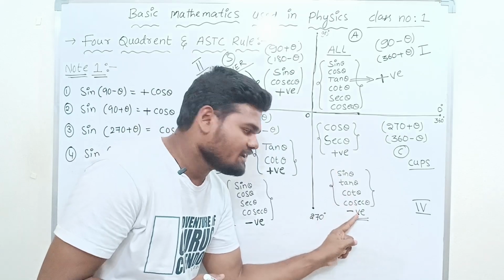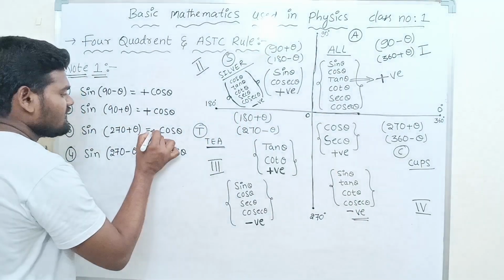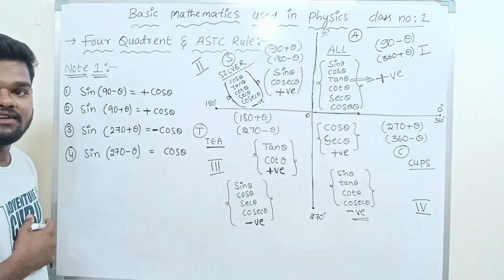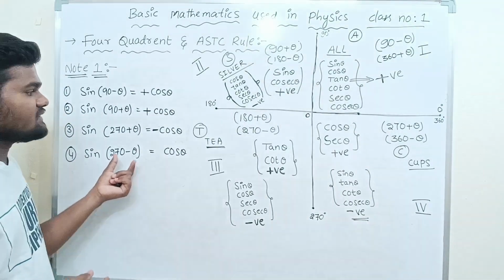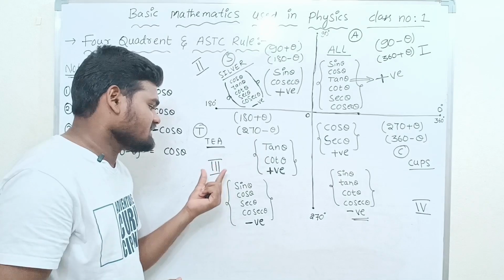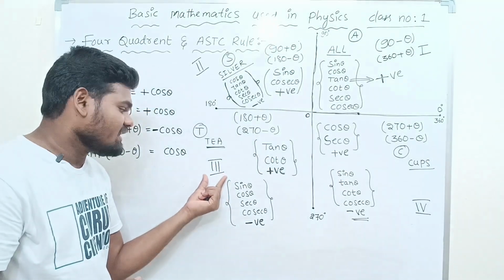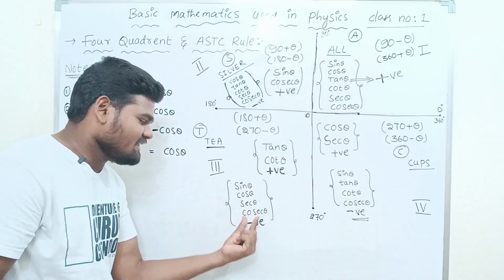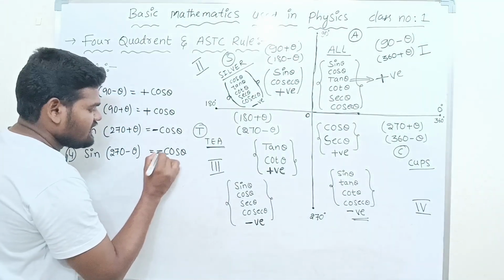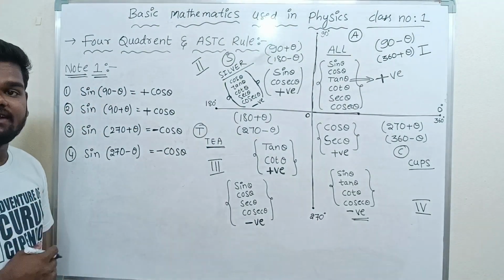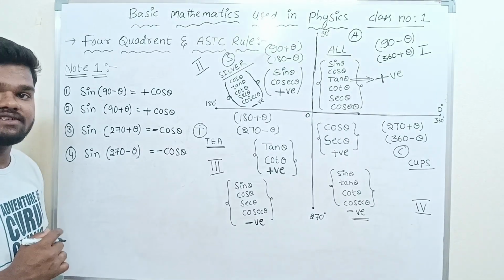Sine is negative, so the resultant becomes negative. Are you getting it? Are you clear? Right. Sine of 270 minus theta. 270 minus theta is in the third quadrant. In the third quadrant, sine is negative. So the resultant becomes negative. Is it clear? Any doubts?